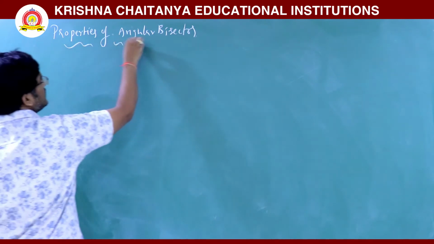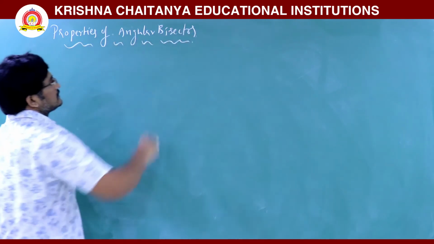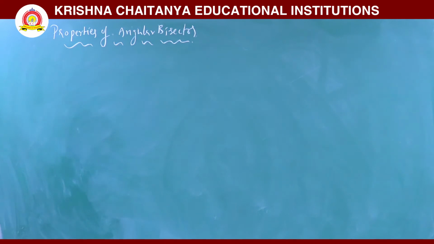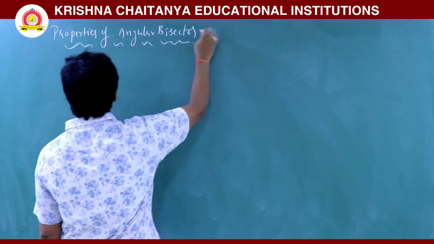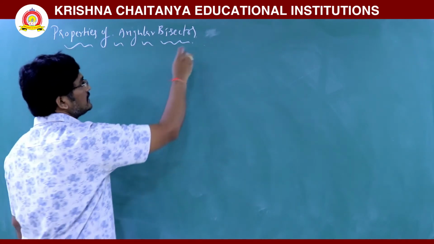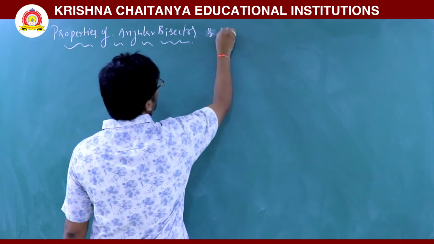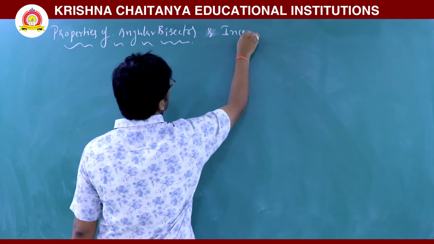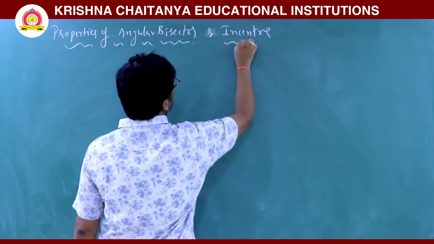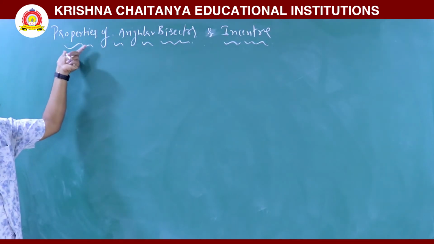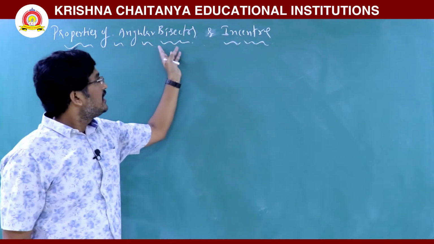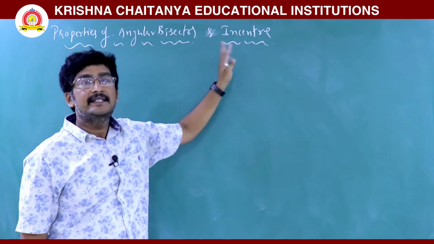Also, this is a combination of properties of angular bisector and incenter. So, you have to learn very, very important properties with the combination of angular bisectors and incenter.